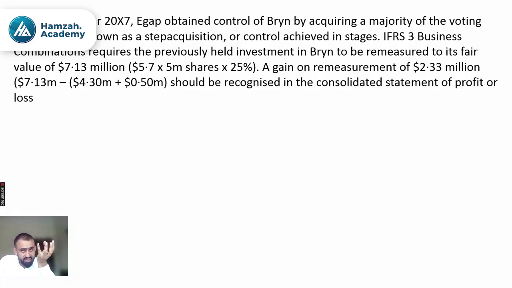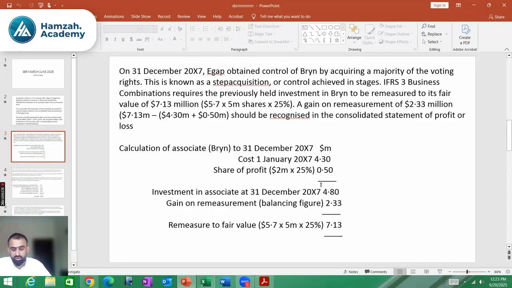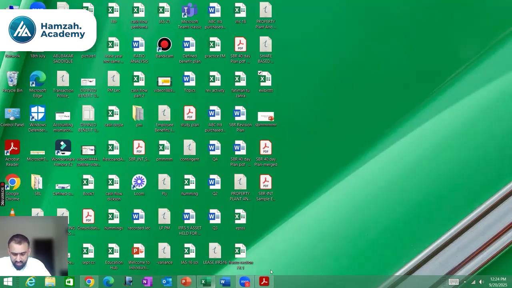So the carrying value of the associate company will be 4.3 plus 0.5, which is 4.8 million. So it will be accounted for using the equity method, and the investment in associate will be recorded in the financial statement.